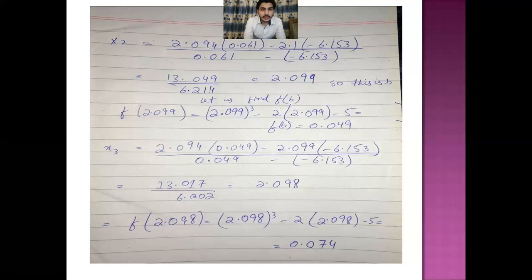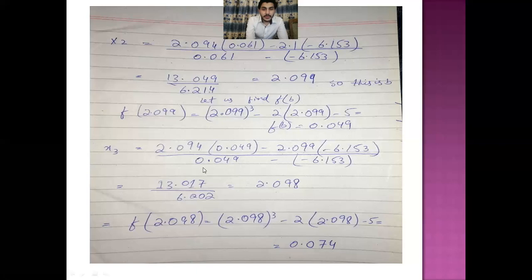So again we will put the new values as same. So 2.094, the A, and the function of B which we have found now, 0.049, and 2.099, the function B we have found here, we are putting it, and the function of A which we have found in previous slide, in previous problem.